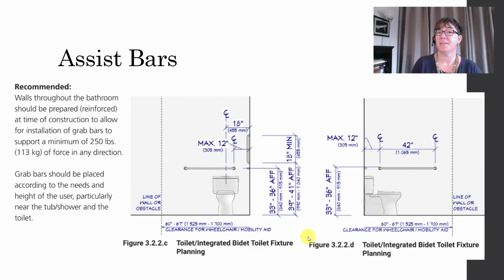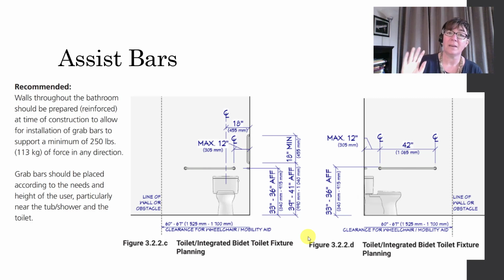Assist bars. This is the new name for grab bars, and they are placed in locations where your user needs some help with mobility or with balance. So they're especially important around the toilet, and you need to place them specifically for your user's needs. On the screen here, your NKBA planning guidelines has provided some common useful locations.